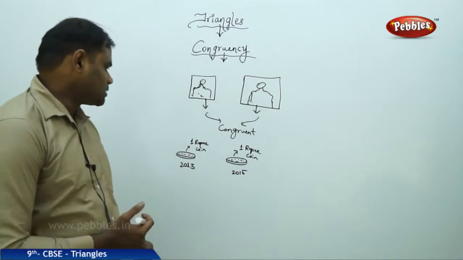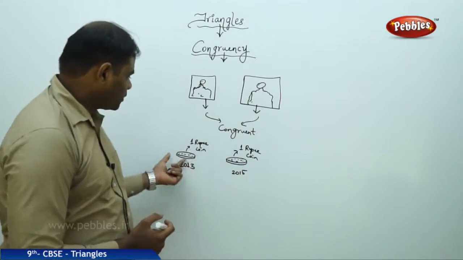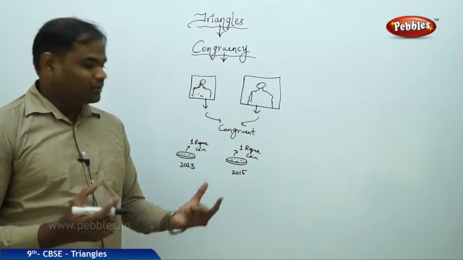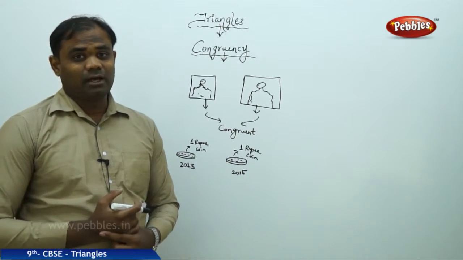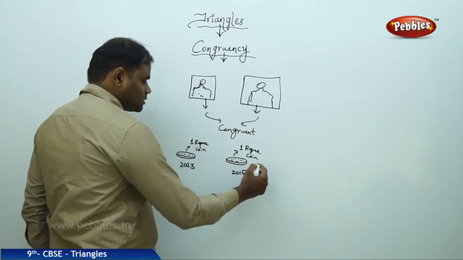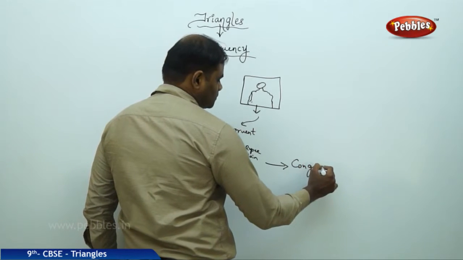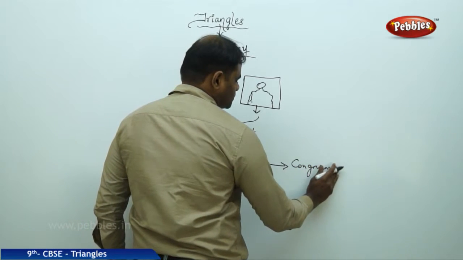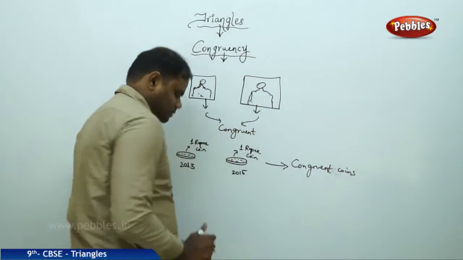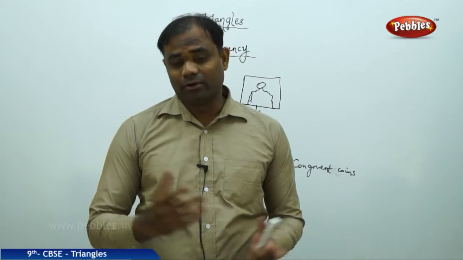Then these two coins are said to be congruent to each other, because when I put one coin over the other, the thickness and the size are the same. When we look at them side by side, I only see the year being different, but the coins are the same. So this is an example of congruent coins. Congruent coins are the coins which are equal in all respects.